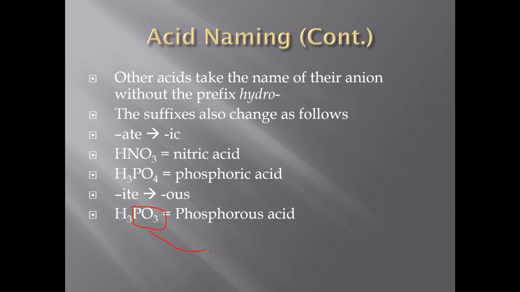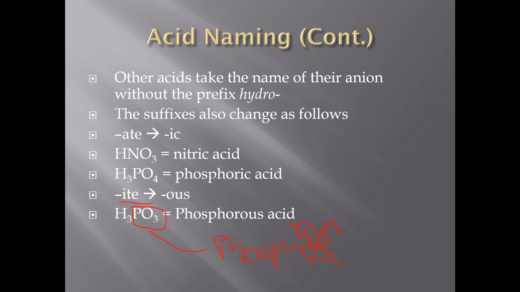So this PO3 is phosphite. Again, polyatomic ion list, just look at it. Because it ends in ITE, we're going to cross that out and change it to OUS. So it's phosphorus acid.